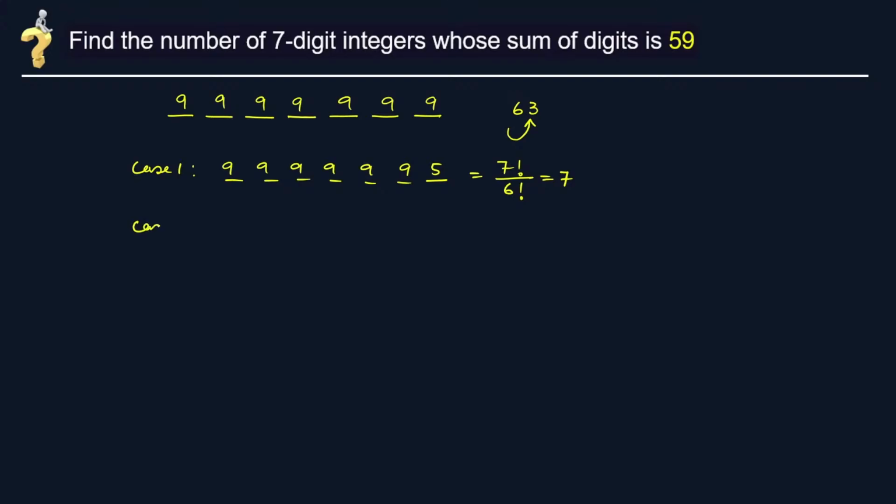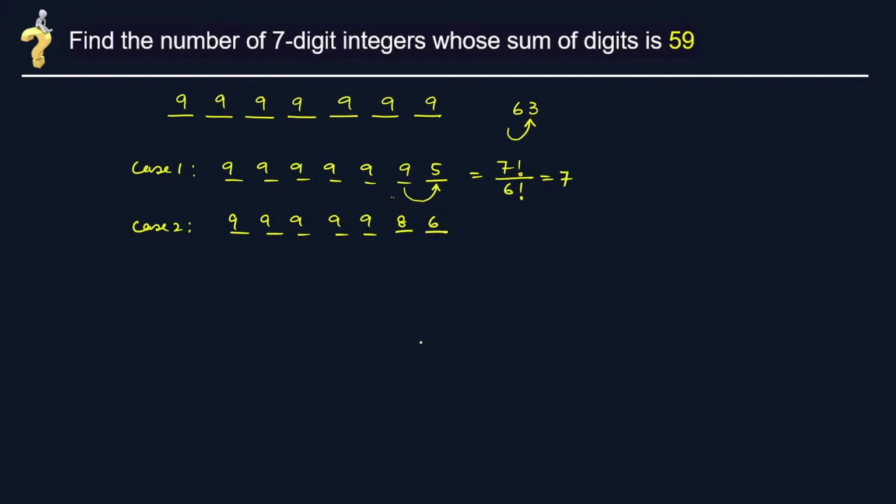Now let us consider case 2. What is that? Again, 5 digits are all 9. Now let me take out one from this 9 and give it to here. So it will become 8 and this one will become 6.